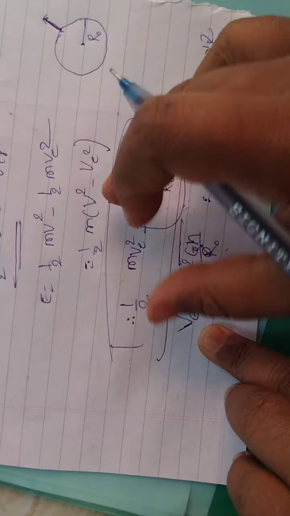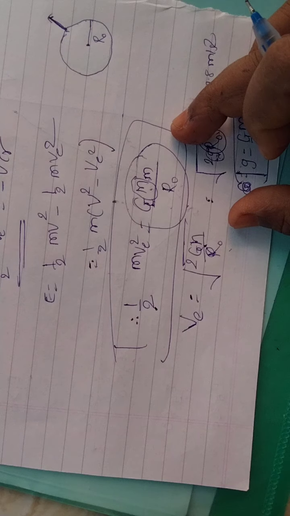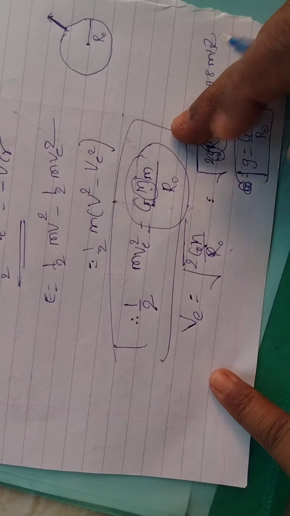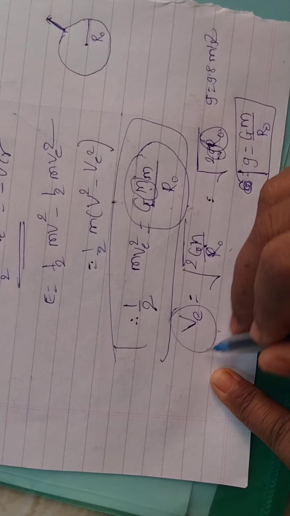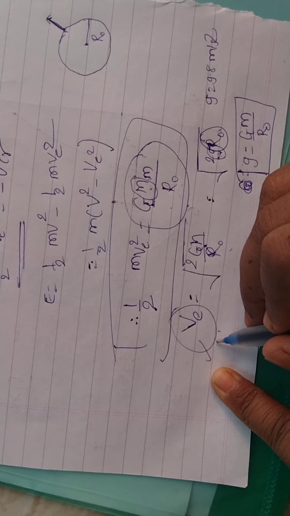Okay, so by using this effective potential we will launch the artificial satellite in space. So we must know the value of escape velocity. So by this equation we will calculate how much escape velocity is required to launch the artificial satellite in space.